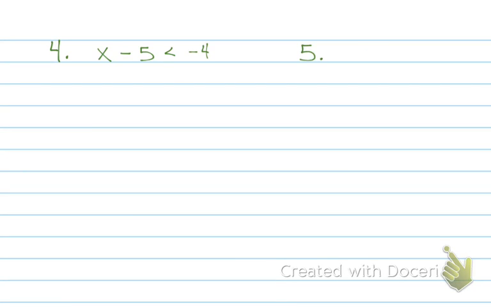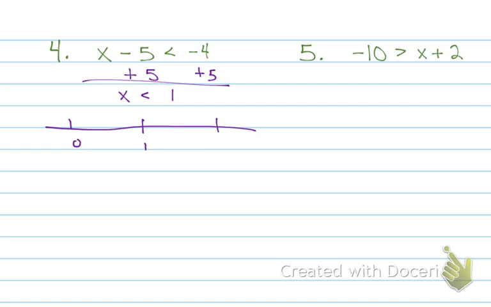All right, one step. Go ahead and solve each of these one-step inequalities. On all of these, you're going to have to graph your solutions. What do I do to both sides of number 4? Add 5. X is less than 1. Open dot on 1, arrow going left. All right, number 5, I would rewrite it: x plus 2 is less than negative 10.